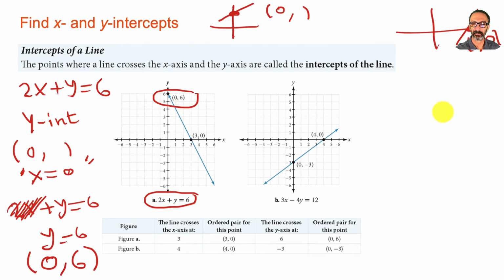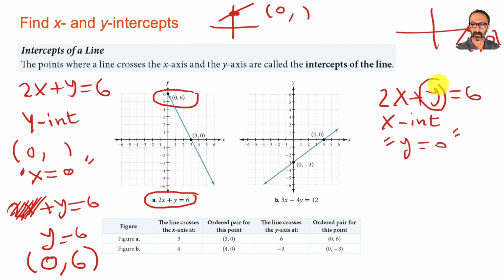With the same exact problem, 2x plus y equals 6, first we found the y-intercept. Let's go for the x-intercept. To find the x-intercept, you need the y to be 0. And if the y is 0, this is gone.